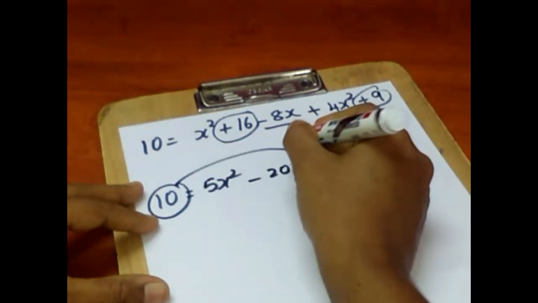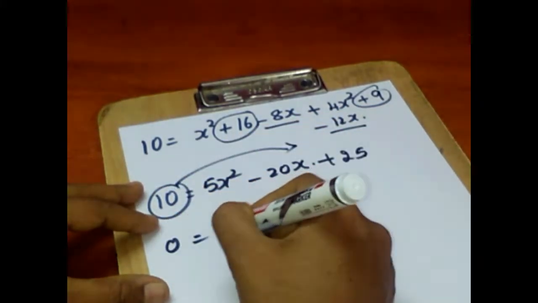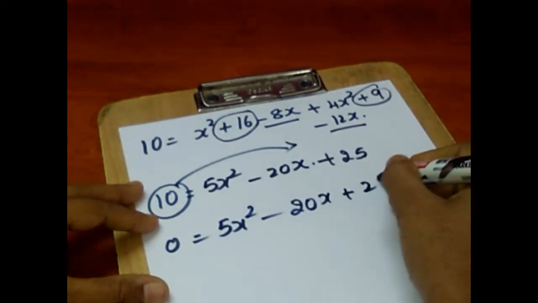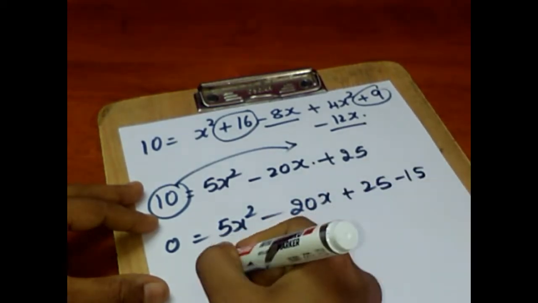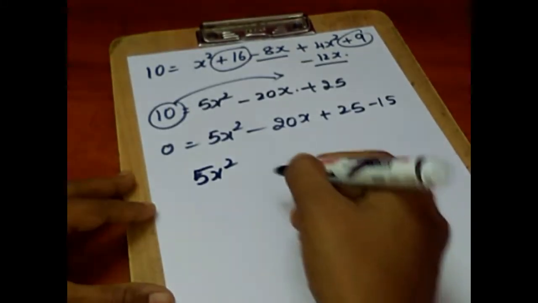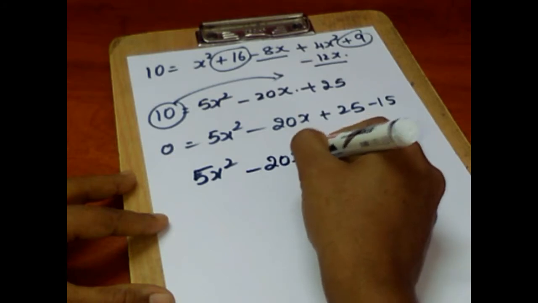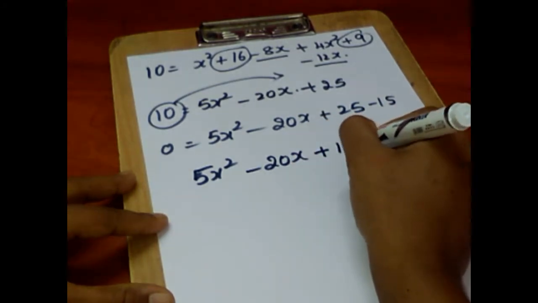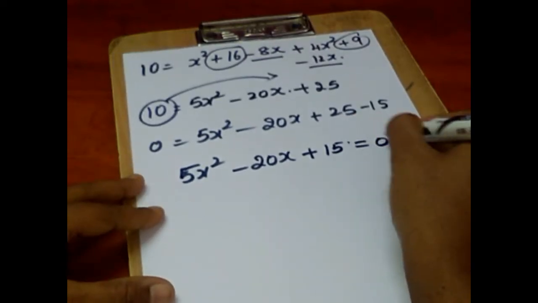Now shift this 10 to the other side. That is 5x square minus 20x plus 25 minus 10. Hence we can say that 5x square minus 20x plus 15 is equal to 0.